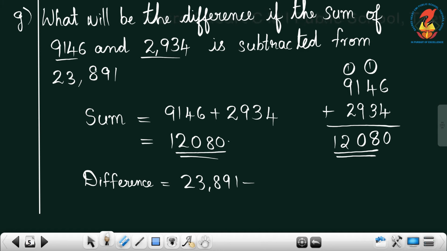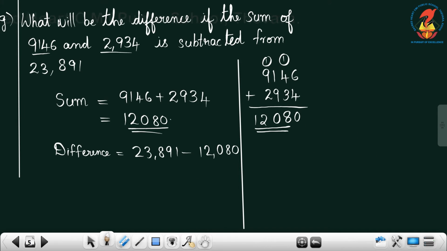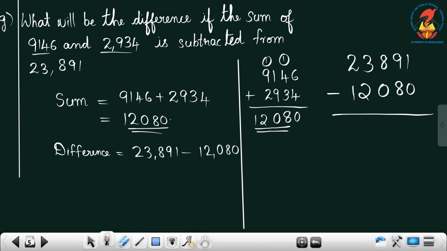23,891 minus 12,080. So find the difference. 23,891 minus 12,080. 1 minus 0, 1. 9 minus 8, it's again 1. 8 minus 0, 8. 3 minus 2, 1. 2 minus 1, 1.